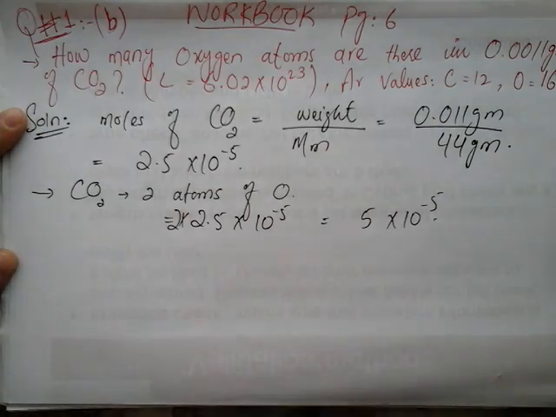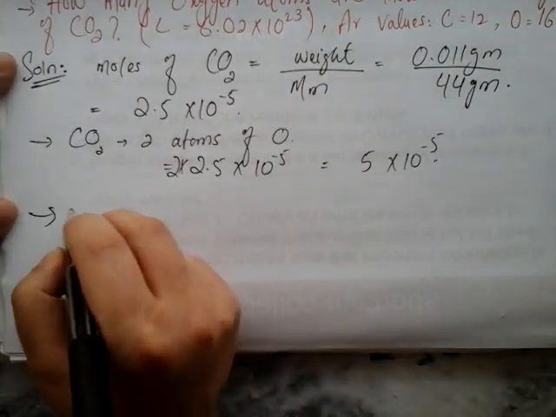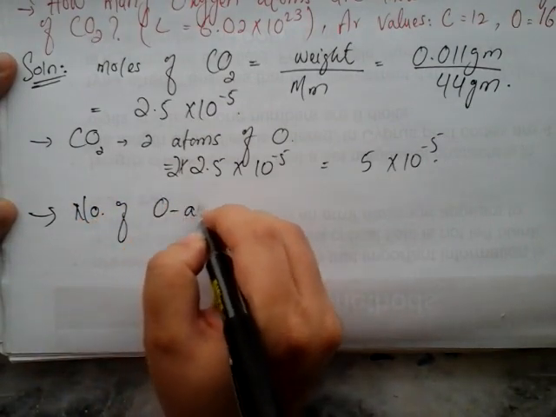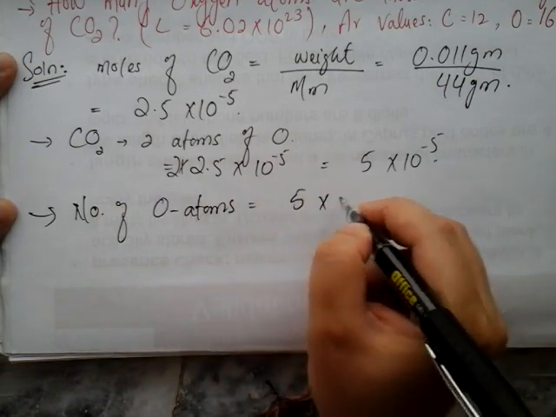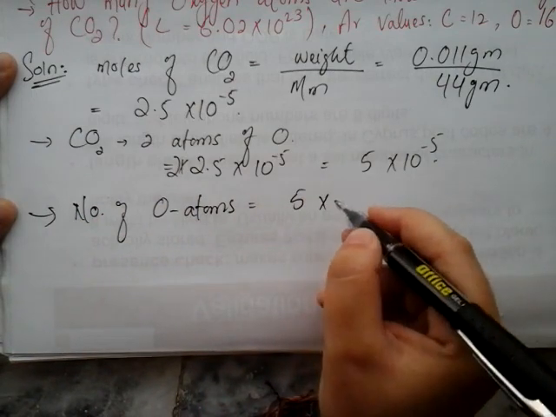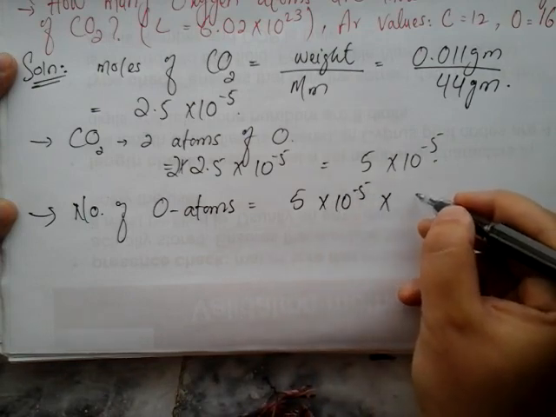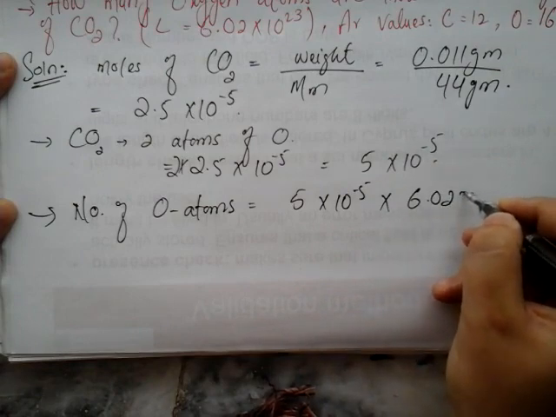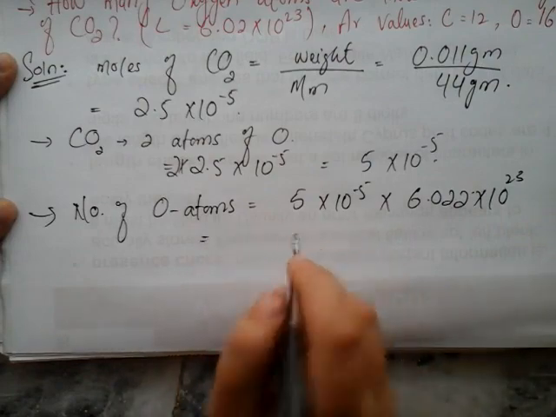Now to find the number of oxygen atoms, it is equal to 5 multiplied by 10 raised to power minus 5 multiplied by Avogadro's number. Avogadro's number is equal to 6.022 into 10 raised to power 23.